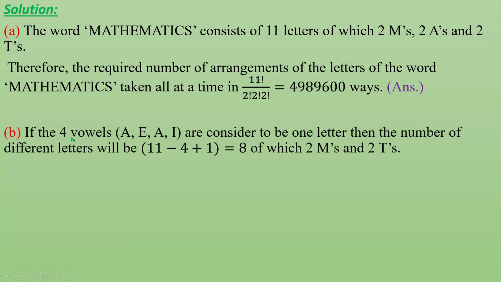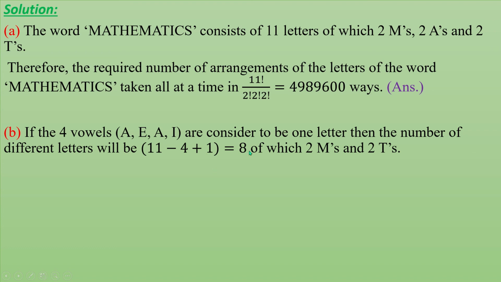B number: if the 4 vowels A, E, A, I are considered to be one letter, that means together, then the number of different letters will be 11 minus 4, as we have to subtract A, E, A, I, but this is considered as 1, so we add 1.